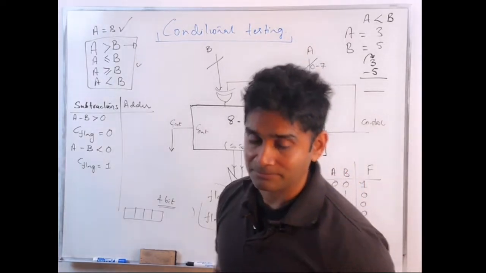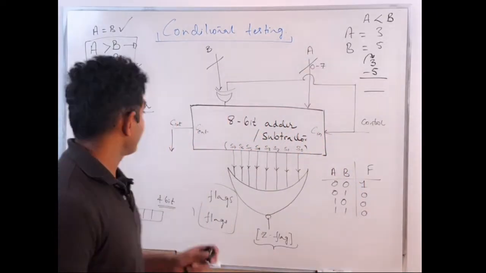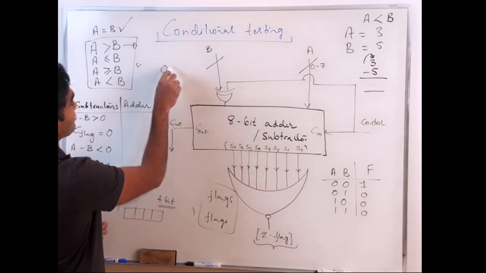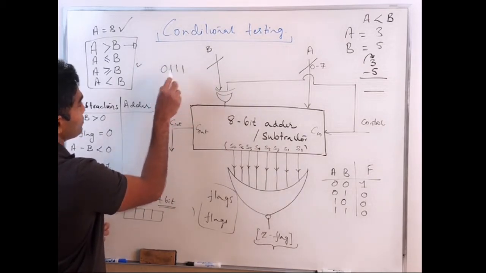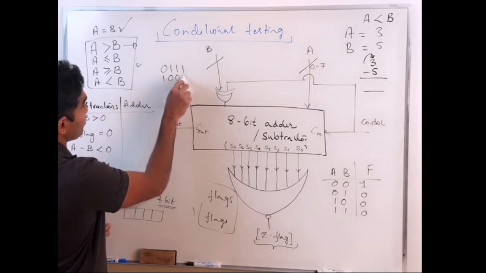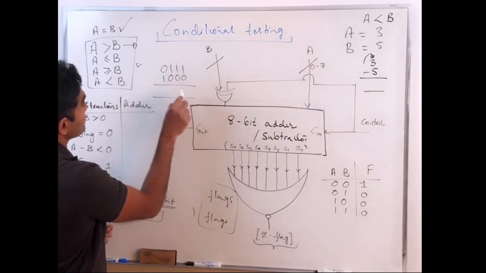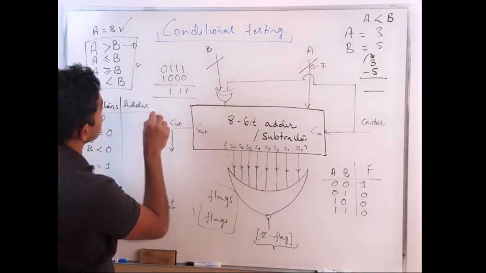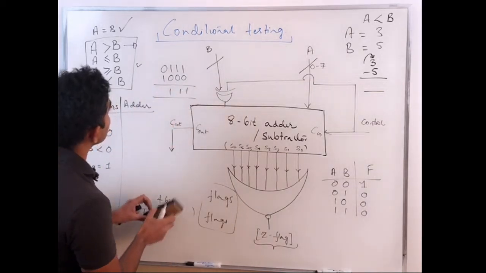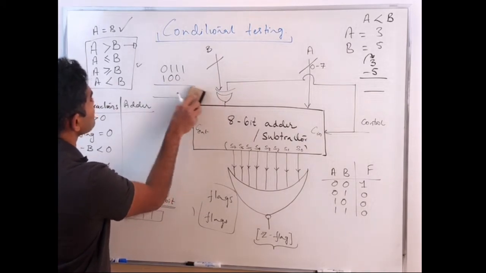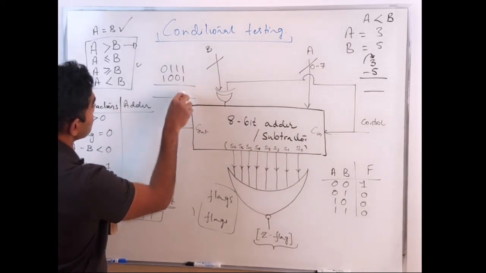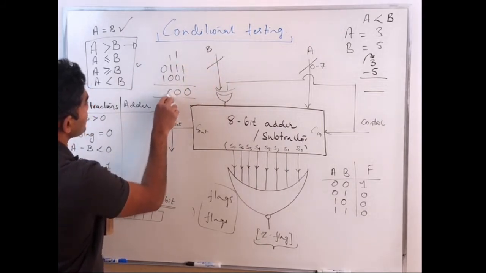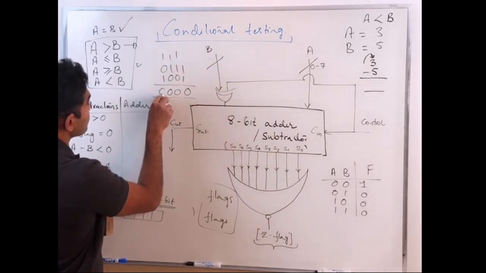Carry. I can use the C out because let's say I'm adding 7 to 9. Again, both of these numbers are unsigned. So what is the answer? 7 is 0111 and 9 is 1001, so 1 plus 1 is 0 with a carry, 1 plus 1 is 0 with a carry, 1 plus 1 is 0 with a carry, 1 plus 1 is 0.